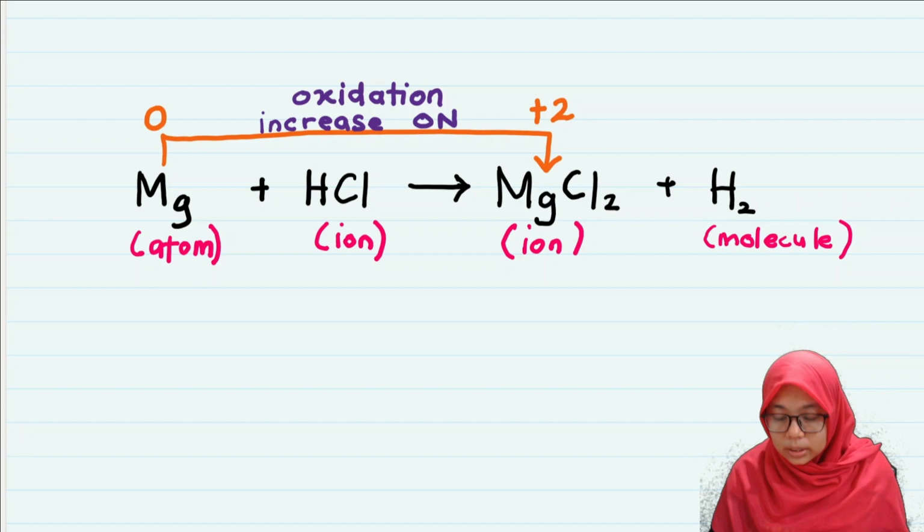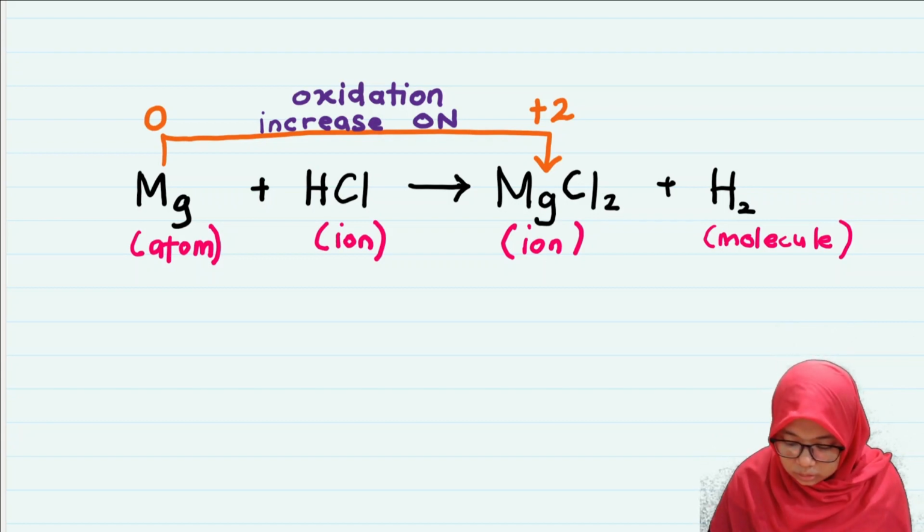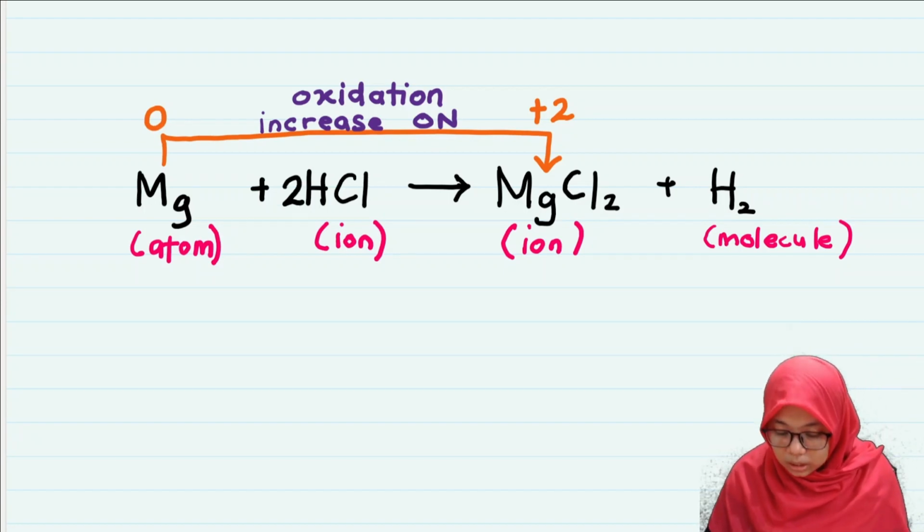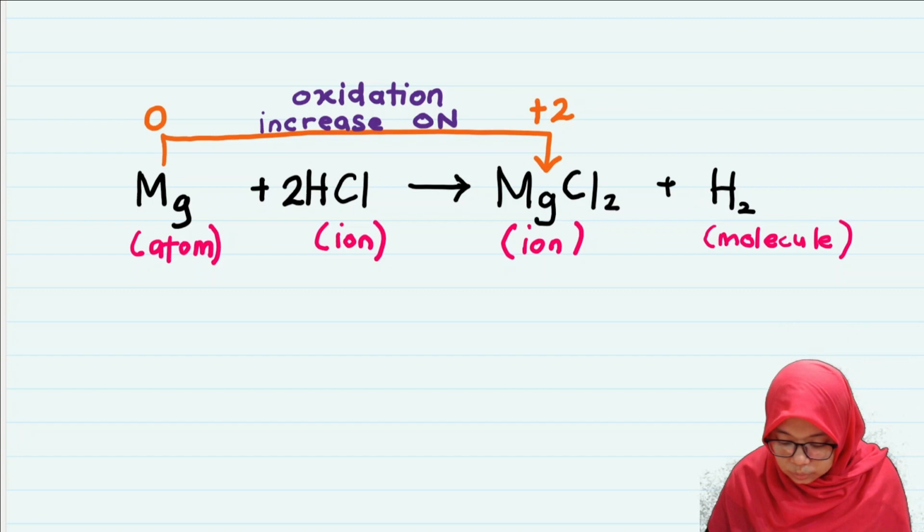Okay, that is the first reaction that we are looking at. Sorry, you have to balance the chemical equation first, so you need 2 hydrochloric acid to balance the chemical equation.